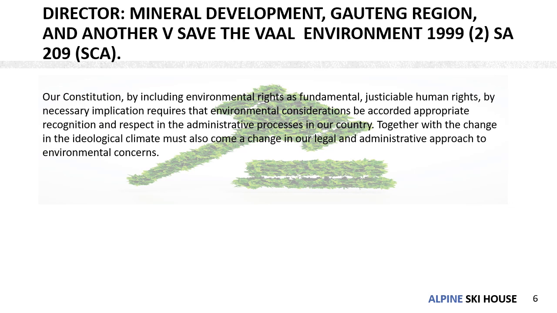When a development is about to be done, the affected party had the right to make representations because of the environmental impact that it was going to have on them. So the court stated that the decision had to be reconsidered.